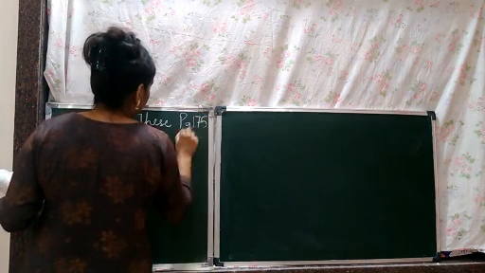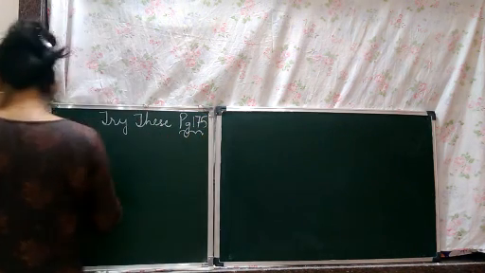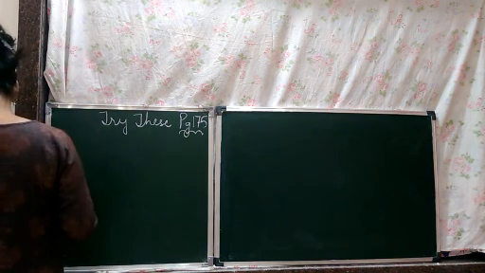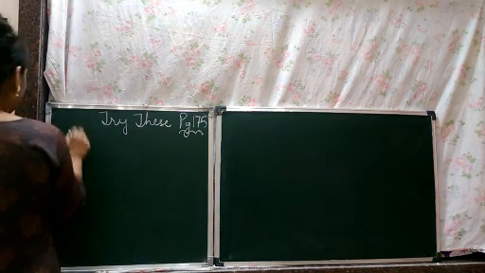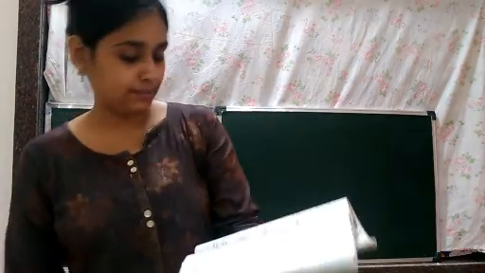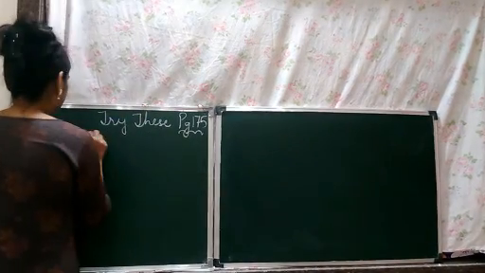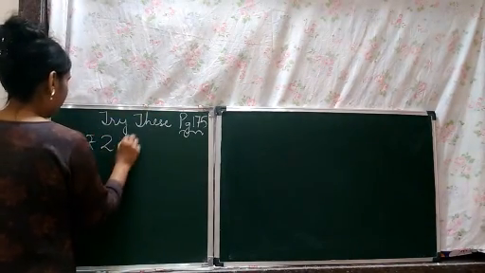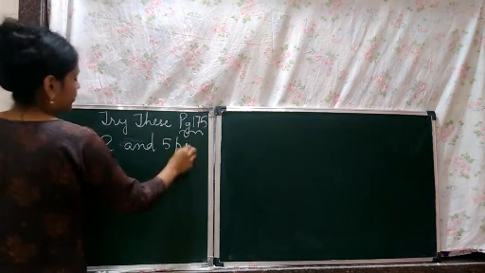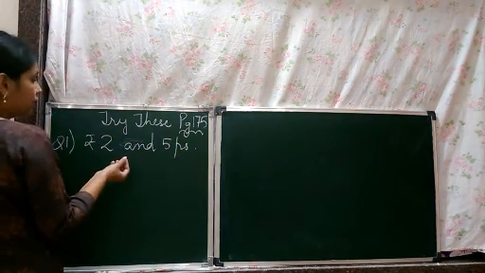Page 175. Question number 1 says, write 2 rupees 5 paise and 2 rupees 50 paise in decimal. So let's start. Rupees 2 and 5 paise. We start with this first one, then we do the second one.